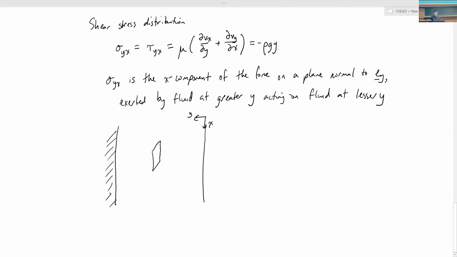Once that starts to happen, you could imagine that several of these assumptions that we made up here could start to break down, right? It could potentially not be steady. You could have little eddies going on in there. You could have things actually changing in the z direction, or even in the x direction. You could imagine even that in this falling film example, you could have surface effects if the surface is no longer flat.